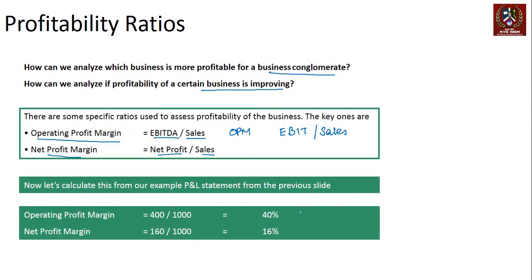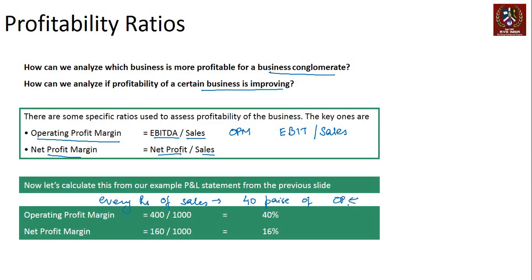If we look at our example, this particular company is generating 40% operating profit margin, which is essentially that for every rupee of sales, the company generates 40 paise of operating profit.